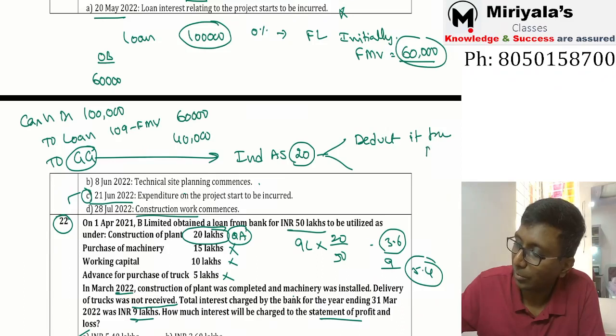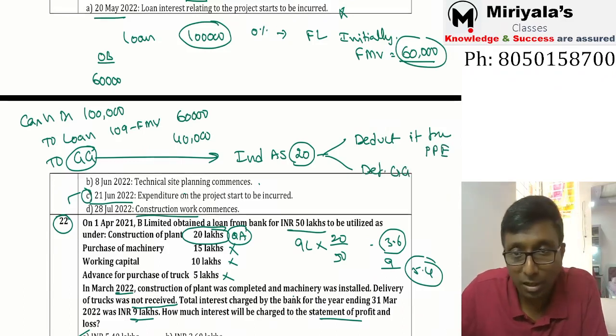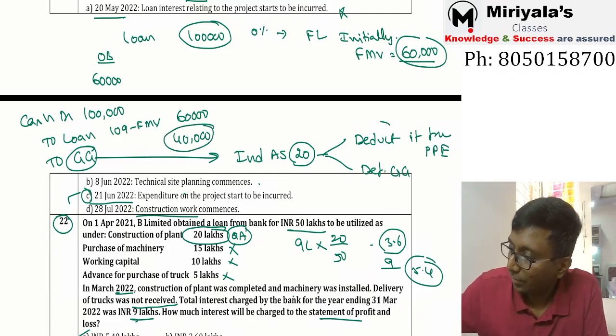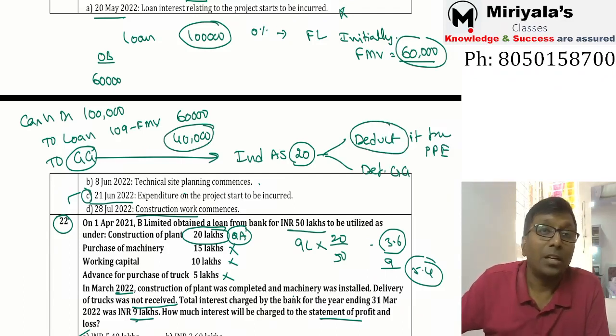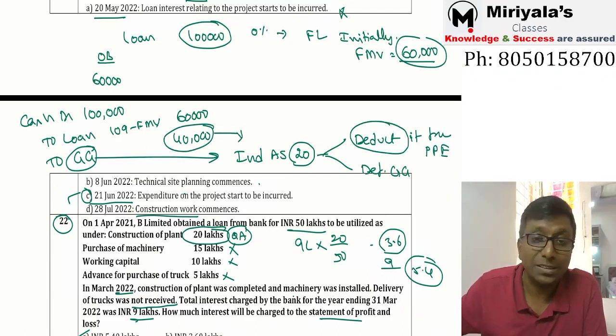You can deduct it from the prospective PPE, or you can show it as a deferred government grant and amortize it to profit and loss in the ratio of the depreciation. We have discussed it. So if the company has taken an accounting policy choice of deducting 40,000 rupees from the property, plant and equipment, yes, reducing 40,000 rupees is correct.